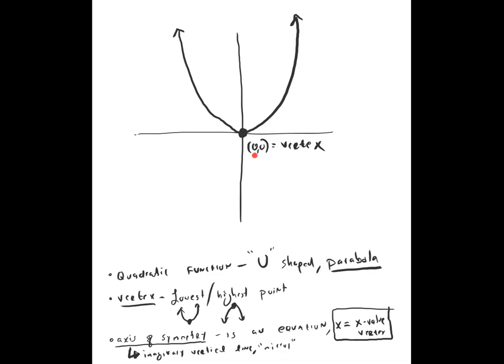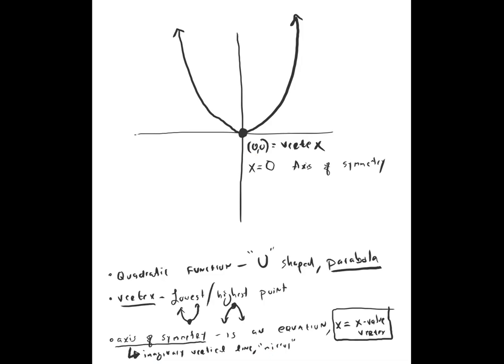Therefore, x equals 0 is the axis of symmetry. And as I state, it's just an imaginary vertical line, kind of like a mirror.